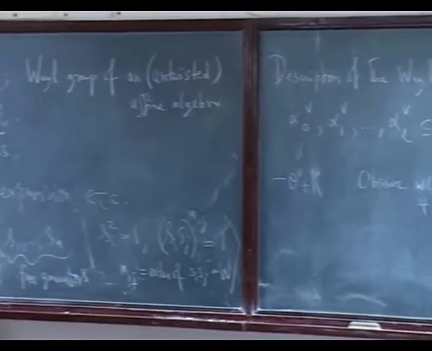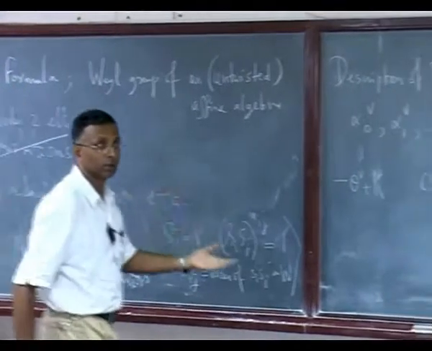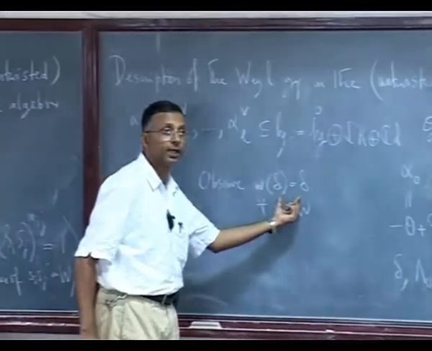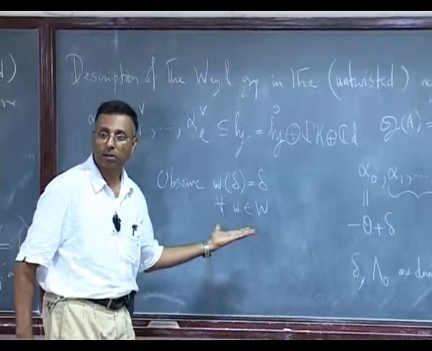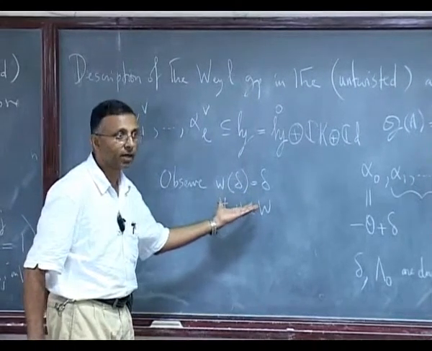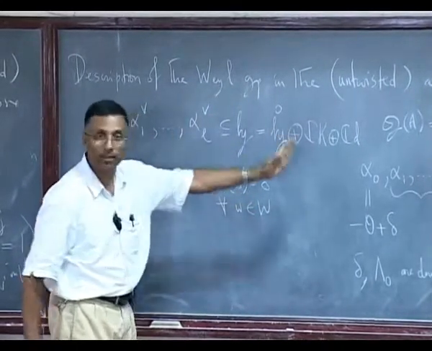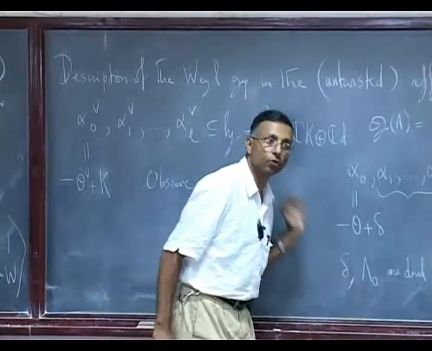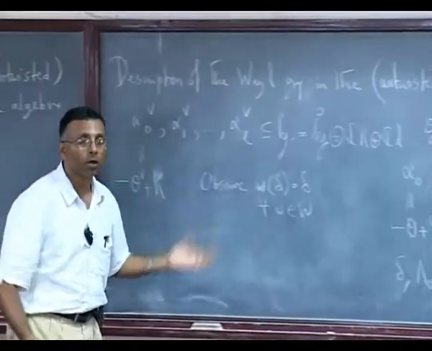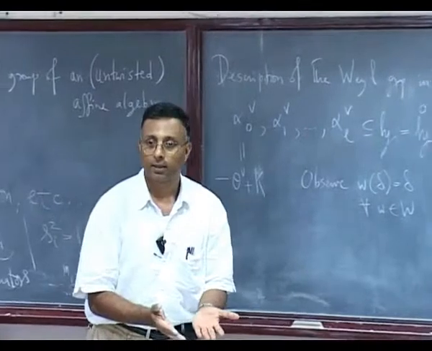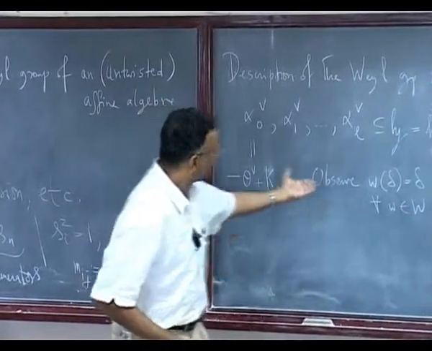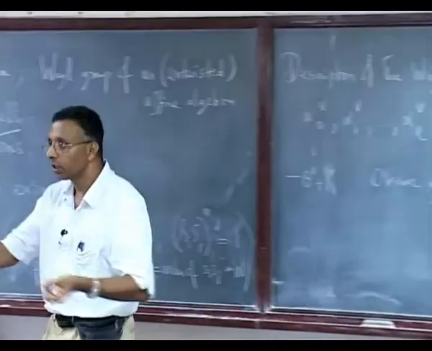Why is that? So there is this element delta which is fixed by the entire Weil group. The Weil group acts on H star, delta is an element in H star, so it makes sense for me to talk about W of delta. How do I compute W of delta? To do this, it's enough to check that on each of the simple reflections.